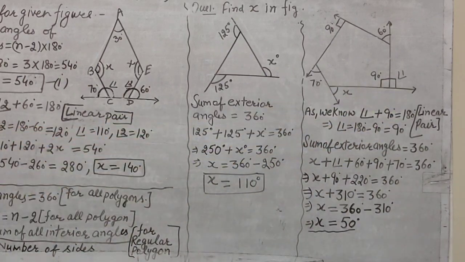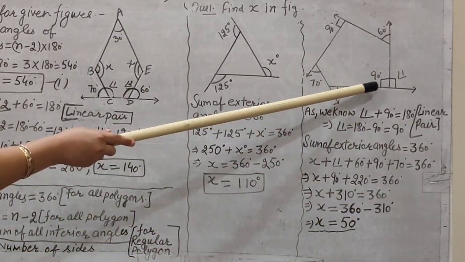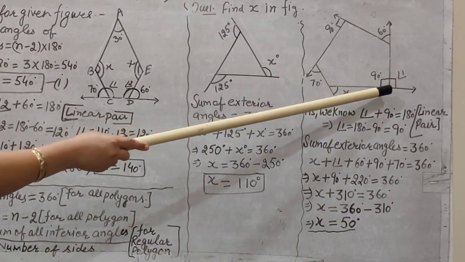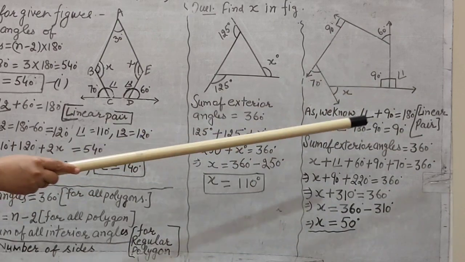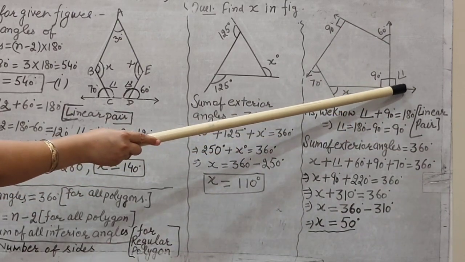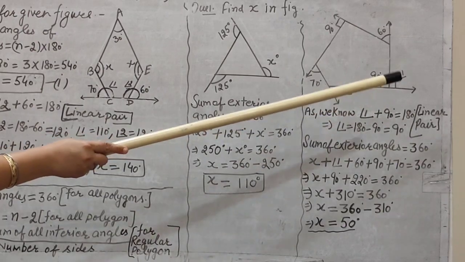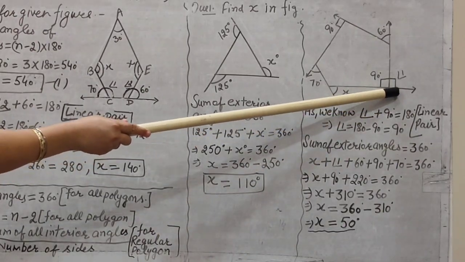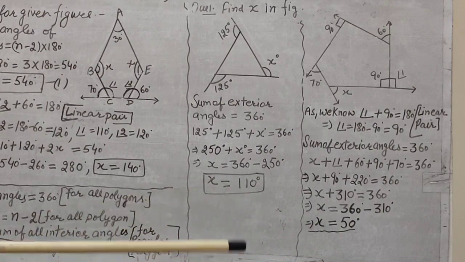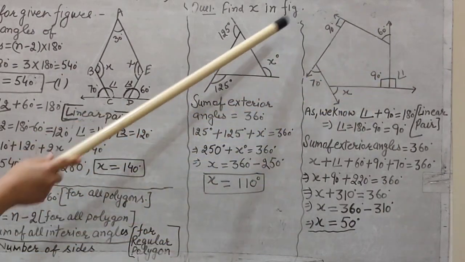This name is selected by you: angle 1 or angle 2 or angle A or angle B. You can select any name. Now, 90 degrees plus angle 1 make a linear pair. So first of all, we have to find the value of angle 1 using the linear pair. After that, after finding the value of angle 1, we add all the exterior angles.